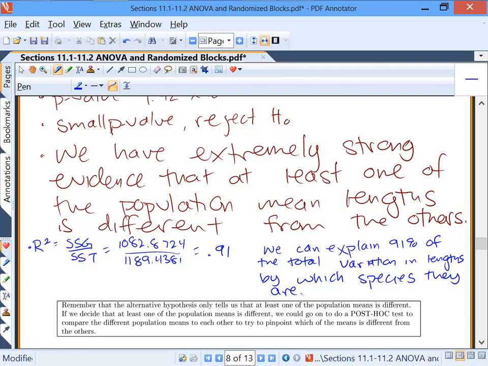Okay, so if I can explain 91% of the total variation in length by which species they are, that means my predictions would be a lot better. Based on which species they are, I could tell you maybe what length they might have. Notice that there was a big difference between this R squared and the R squared in the last problem.